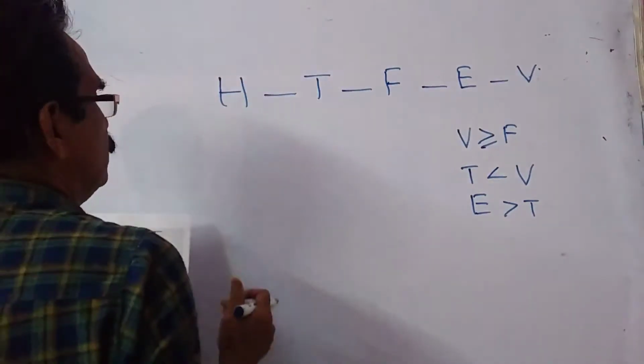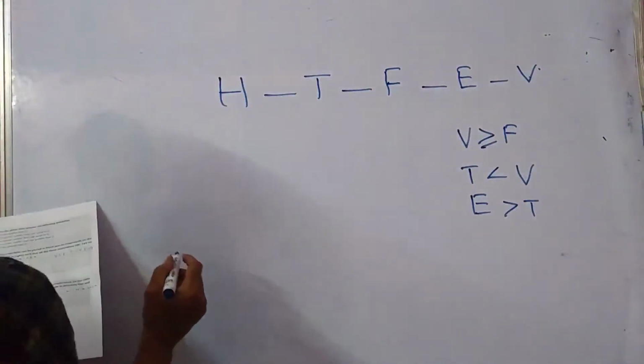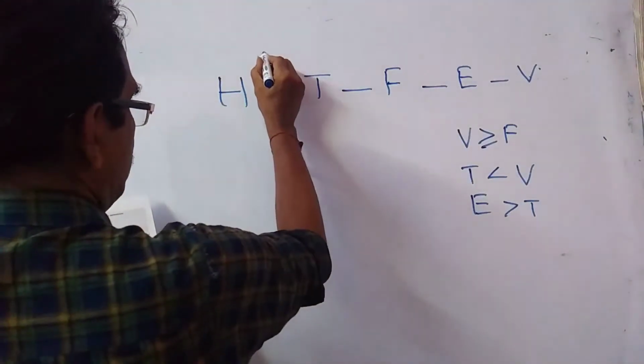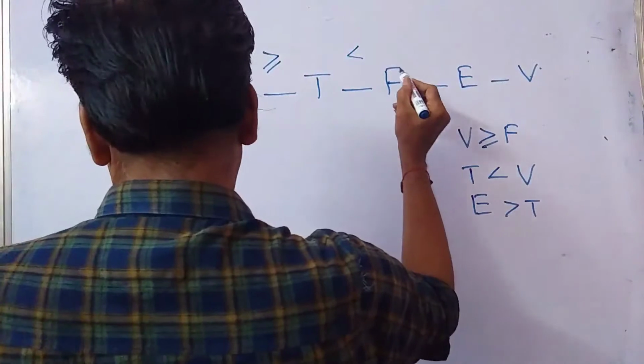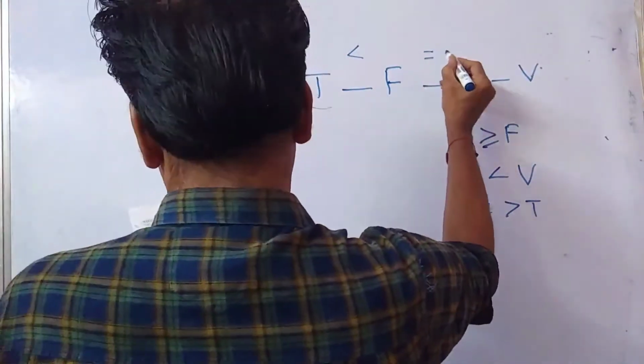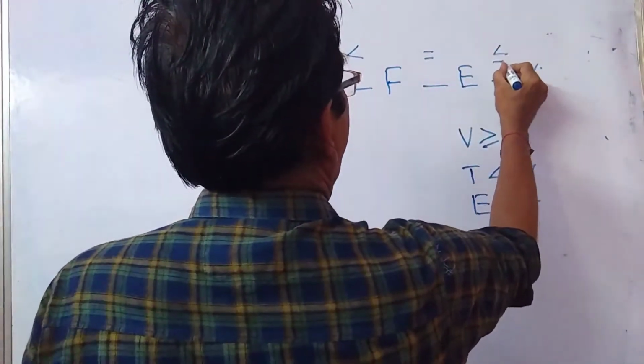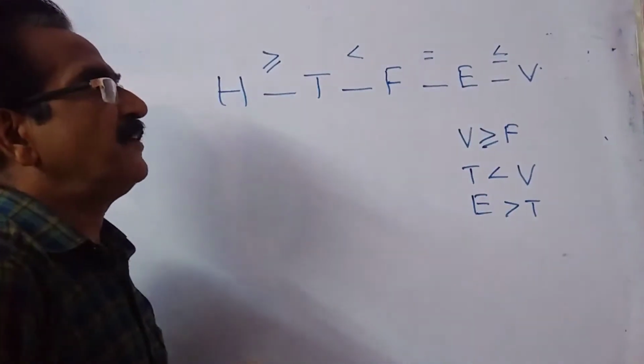Okay, so you have to go one by one option. So first option is this, friends: greater than or equal to, less than, equal to, less than or equal to. This is the first option.